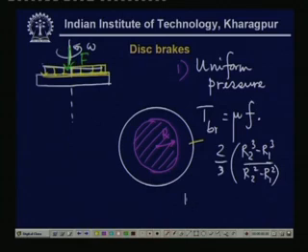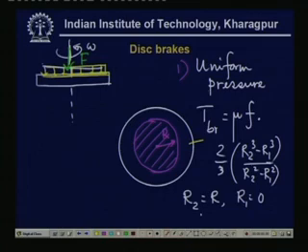Now, here of course, in this case R2 is the outer radius, this is equal to R, and R1 is equal to 0. So, this is for the uniform pressure, that is the distribution here is uniform.